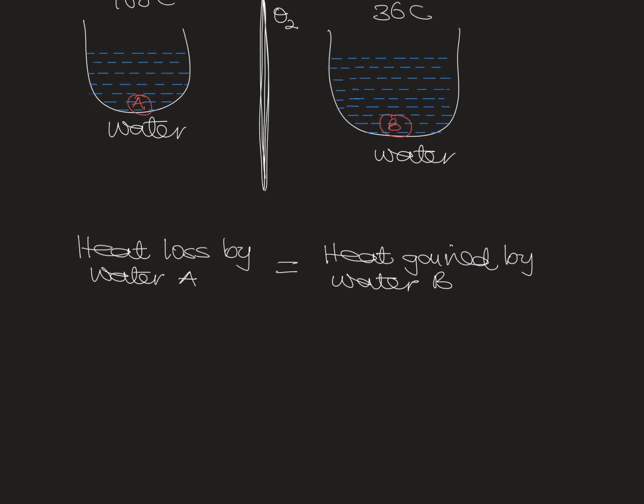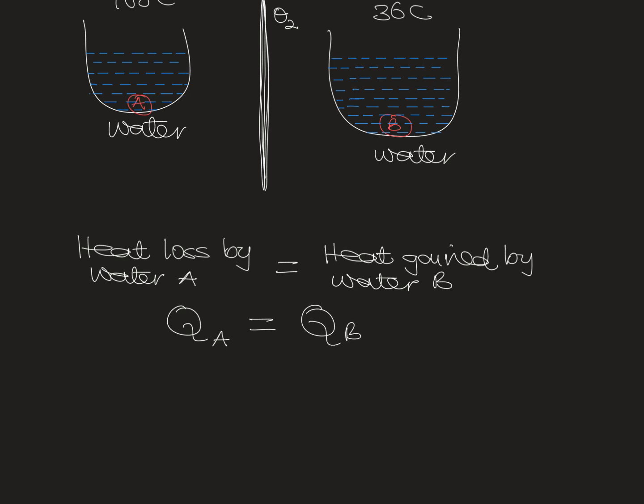So what is the quantity of heat loss by water A? We can call that QA. This will be equal to the quantity of heat gain by water B, which will be QB.